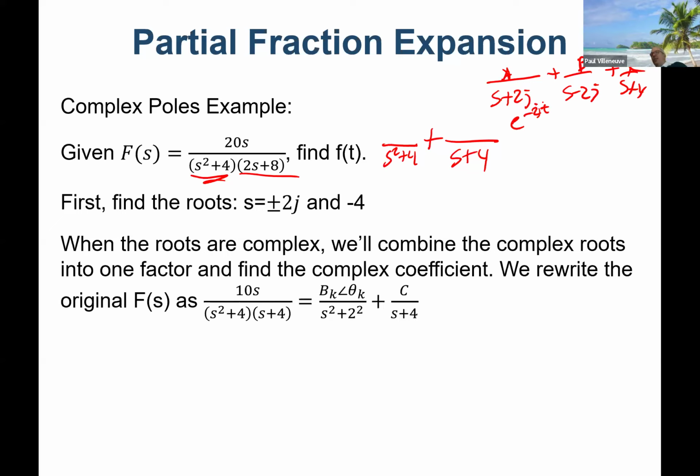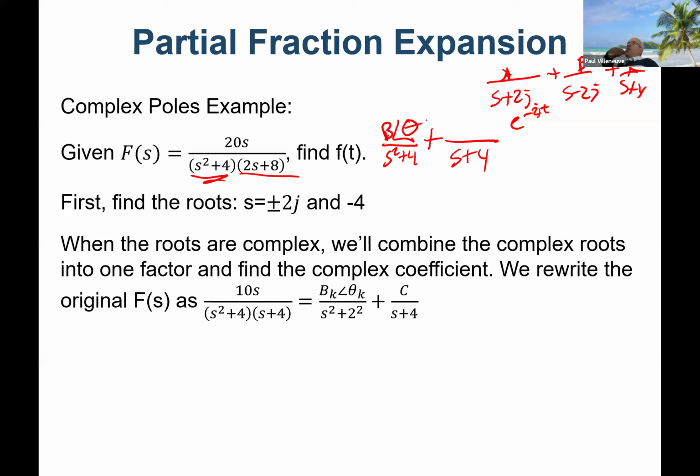We don't want that. That expression doesn't exist. But we know that we can combine the e to the -2j and e to the plus 2j to get either a sine or a cosine. So what we're going to do is make this number a complex number. We're going to call it b at an angle of theta.